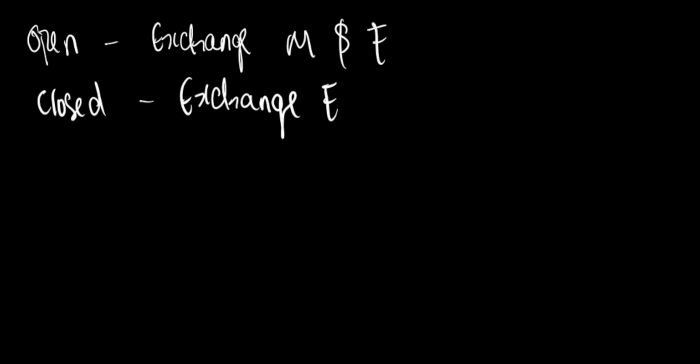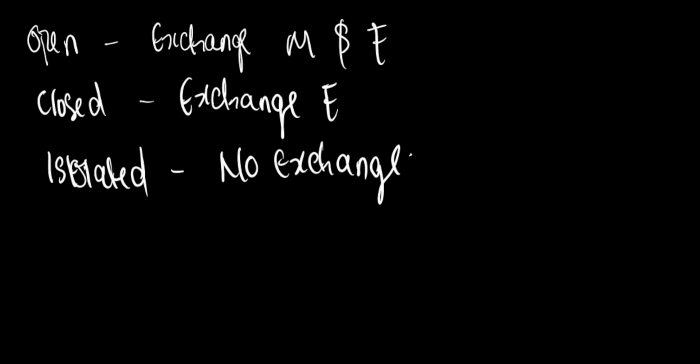Okay, so there's no exchange of matter. And as we might expect, an isolated system is neither able to exchange energy nor matter. Okay, so there is no exchange. Now, of course, the exchange that we are referring to would be between the system and surrounding.